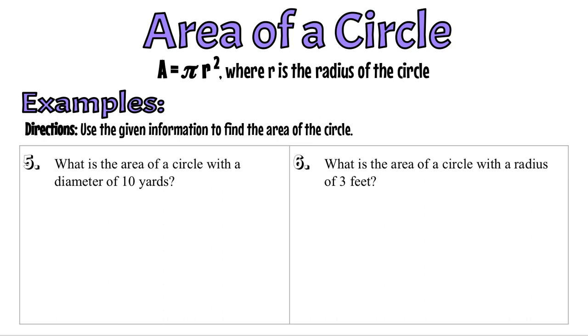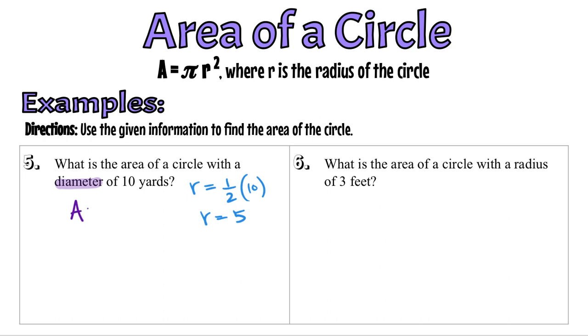In number 5, it says, what is the area of a circle that has a diameter of 10 yards? So here we're given the diameter, which means that we need to find the radius. So to find the radius from the diameter, all we do is divide. Remember, radius equals 1/2 the diameter, so 1/2 of 10, so our radius equals 5. From there, we can use our formula for area.